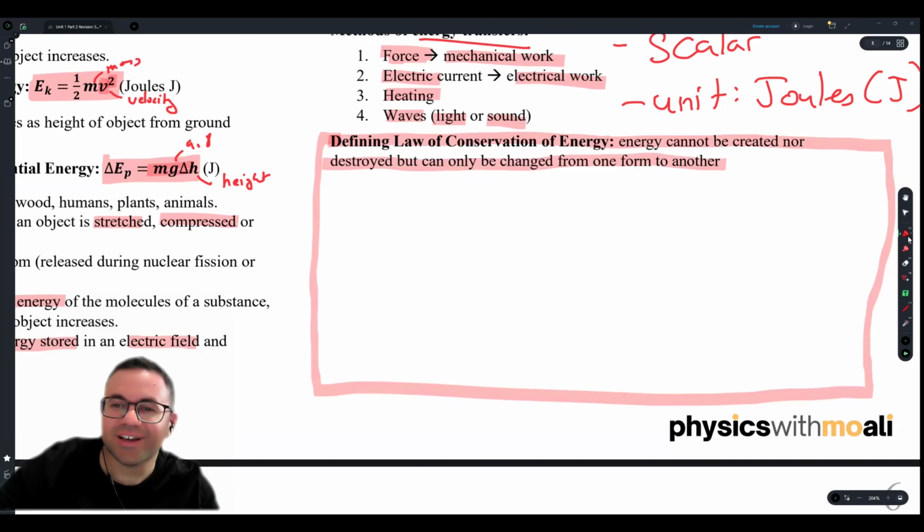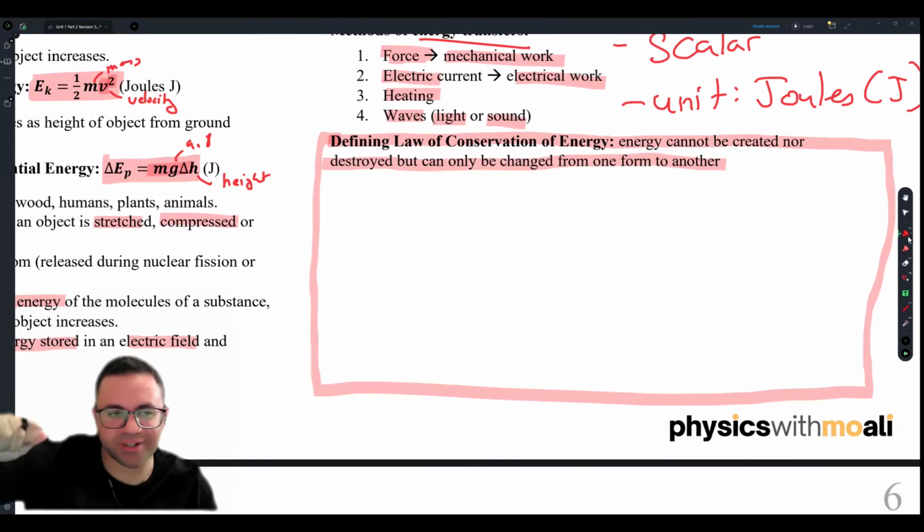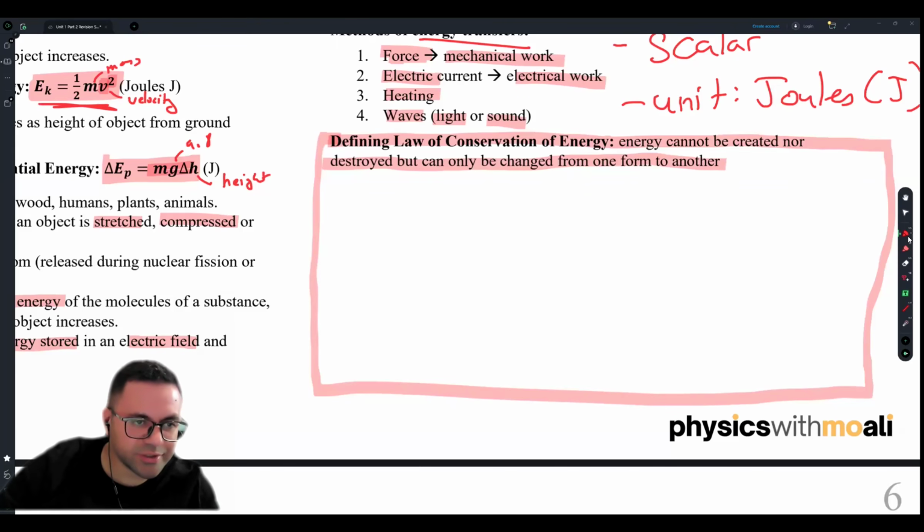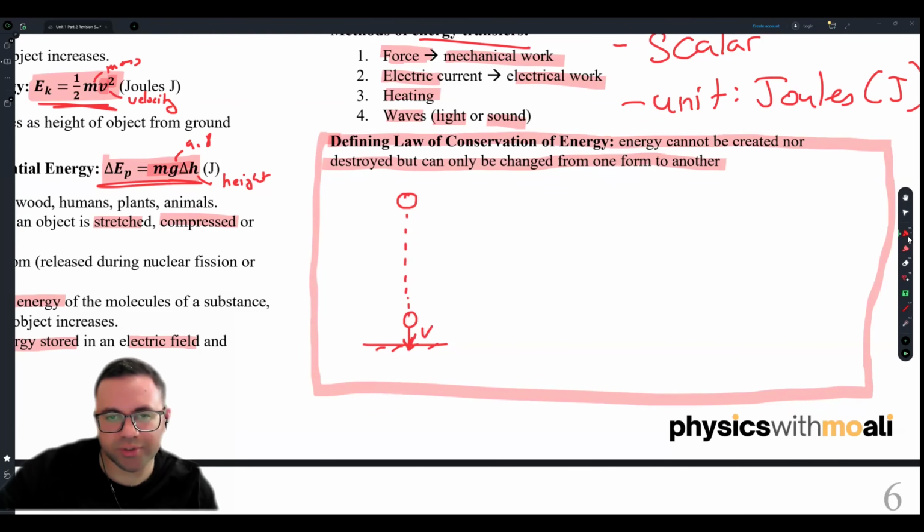But still, how do I use this? Most of the time, just describing it is fine. But sometimes questions need you to use these formulas, the kinetic energy and potential energy formulas. The most common trope is if you drop an object from a large height, and it starts to fall, eventually it reaches a certain speed right before it hits the ground.